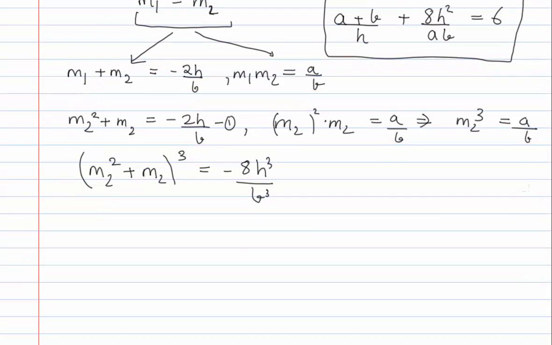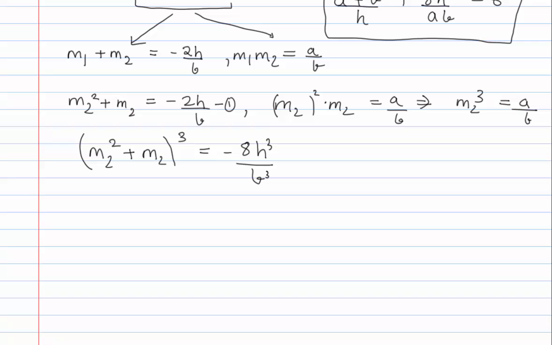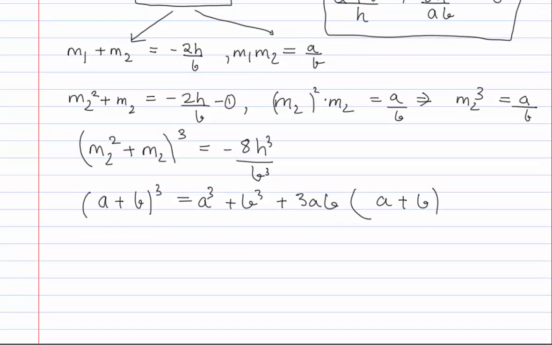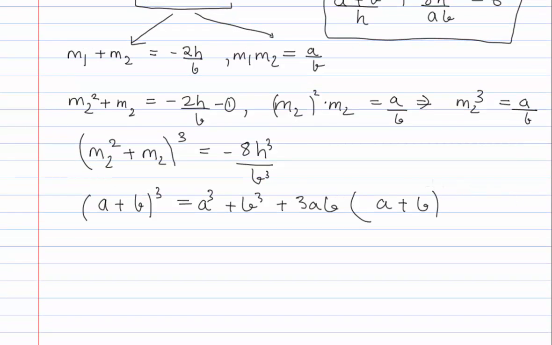Now you might know the formula for (a plus b) whole cube. Hopefully you already know that, but in the interest of those who don't, or might have forgotten, I am just writing the formula down again. (a plus b) whole cube is equal to a cube plus b cube plus 3 times the product of the terms multiplied by the sum of the terms, a plus b. This is the formula for (a plus b) whole cube, and we are going to make use of it here.